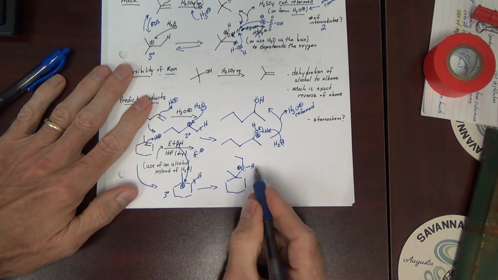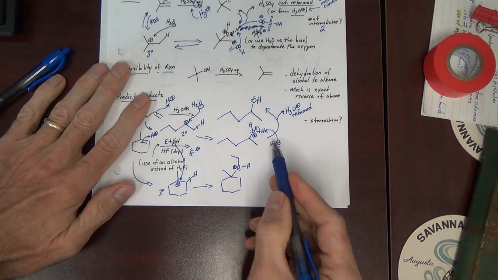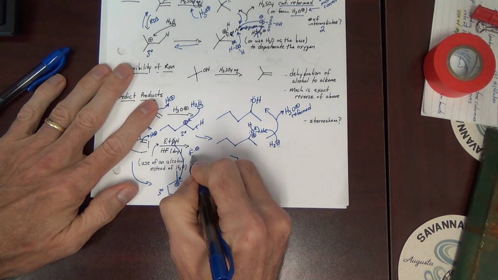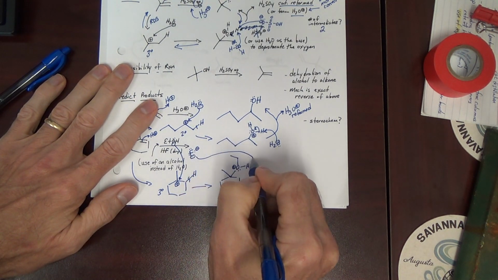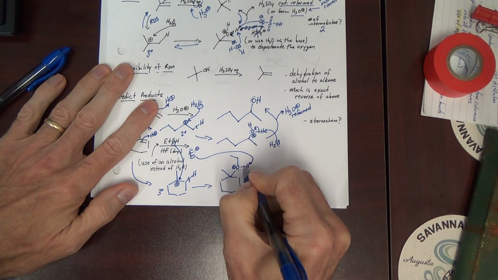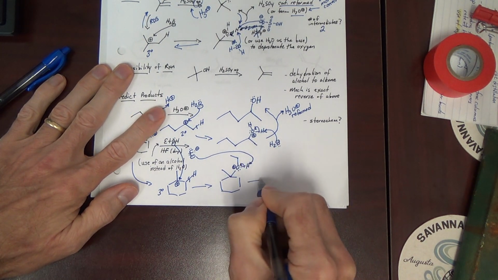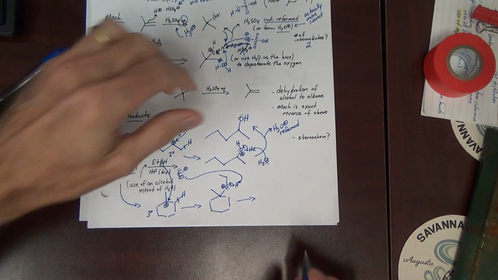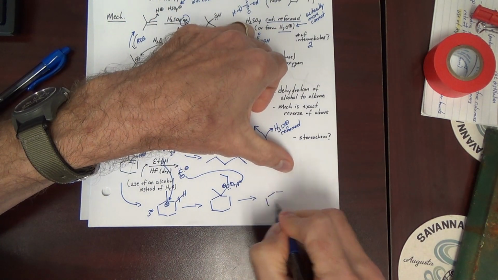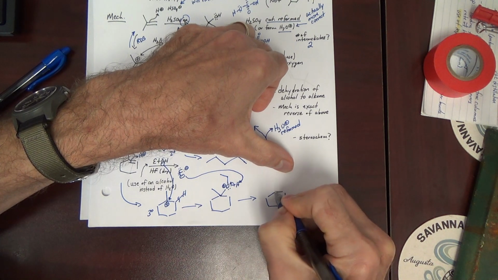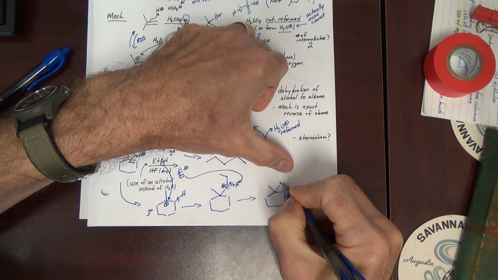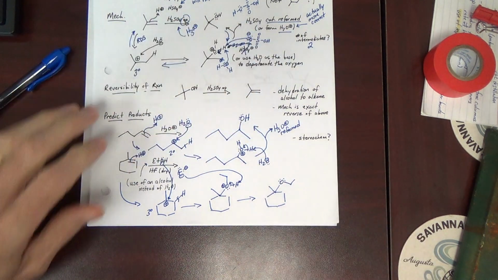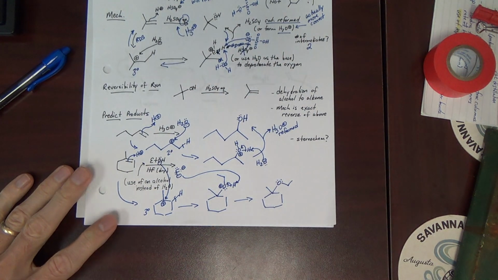Now we can lose the H to go neutral like we did above. Now what can take the H? Well, the F- will take the H. And these electrons bond to H. These electrons stay behind. And we get our final product.